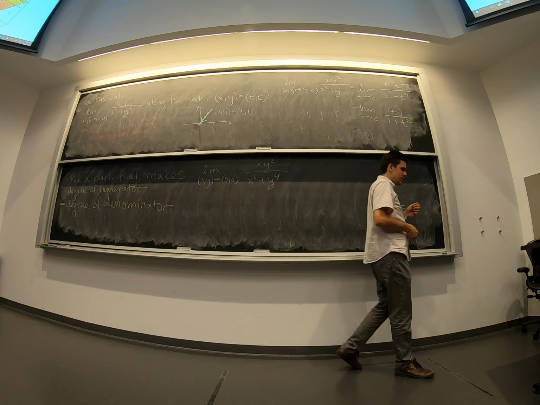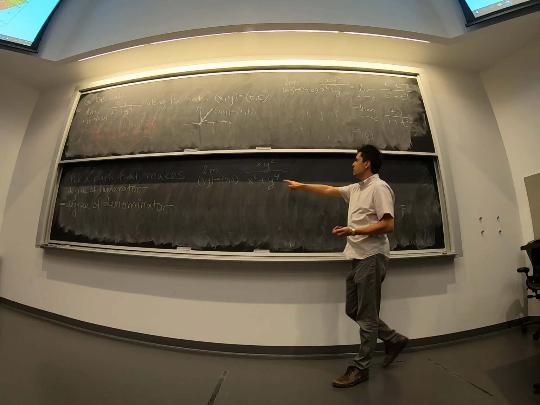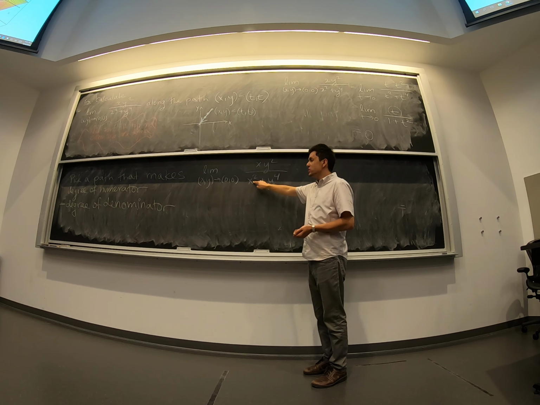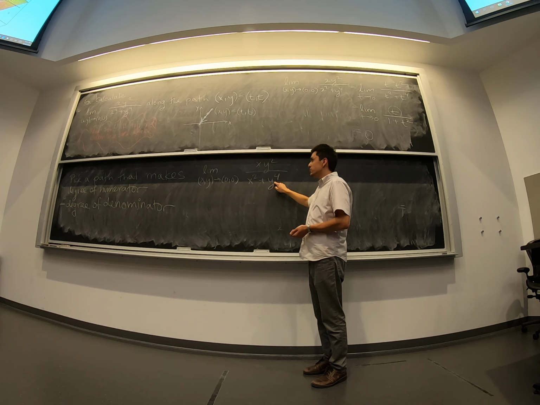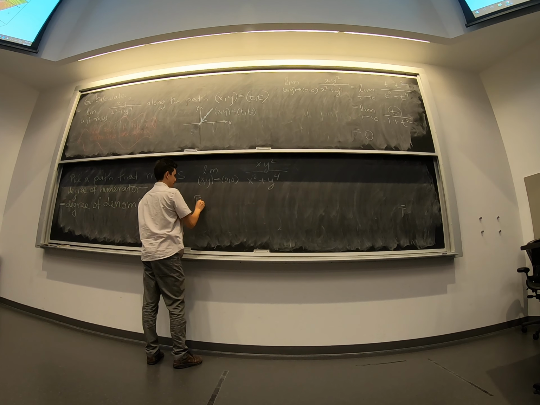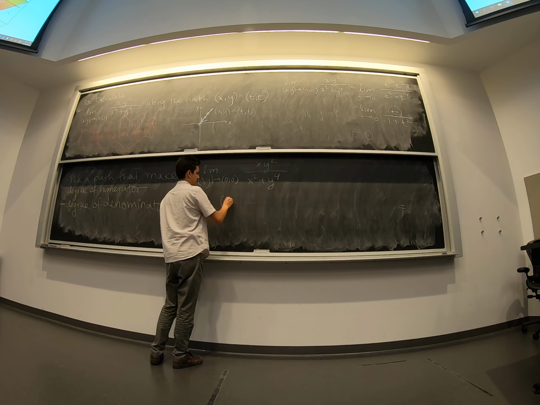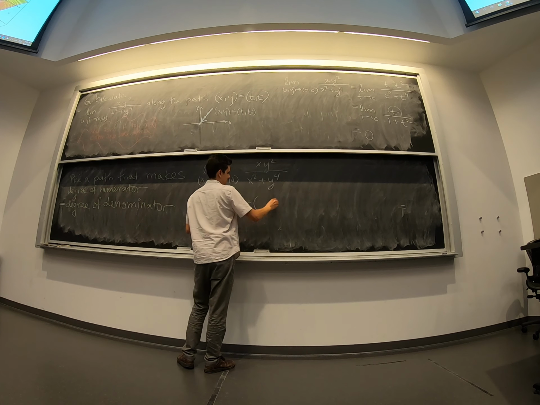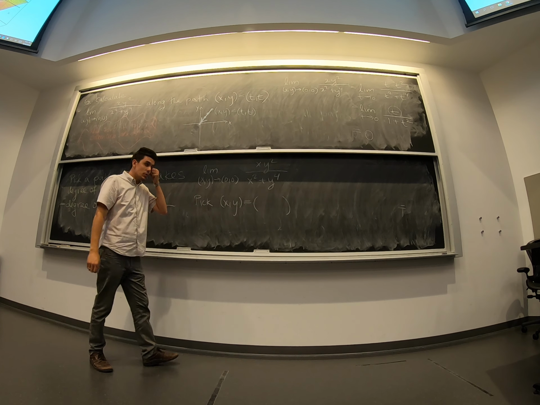So we notice that the degree here is 4. We want the degree here to be 4 as well. Right, so the degree of y is 4. We want the degree of x to be 4 as well. So we pick a very special path.